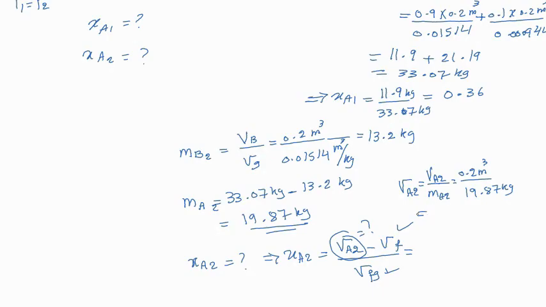This will lead us to the specific volume of tank A at state 2. Using this value in here, we will be able to calculate the new quality.